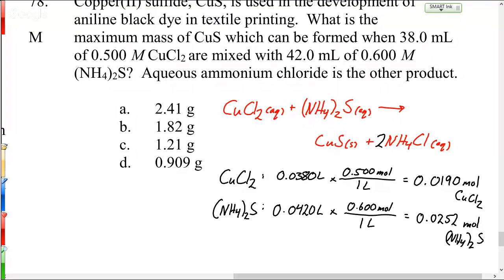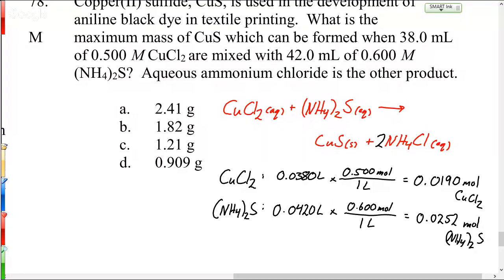Yeah, so the equation tells us that CuCl2 and ammonium sulfide need to be in a 1-to-1 molar ratio because they both have ones in the equation. So 1-to-1 molar ratio, but the moles we actually have are 19 millimoles of one to 25 millimoles of the other. So instead of a 1-to-1 ratio, we have a little bit of excess ammonium sulfide.